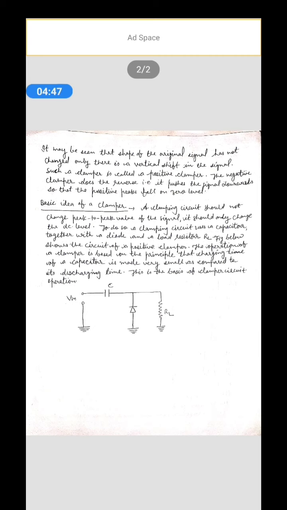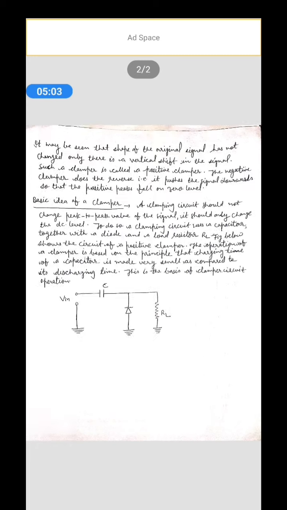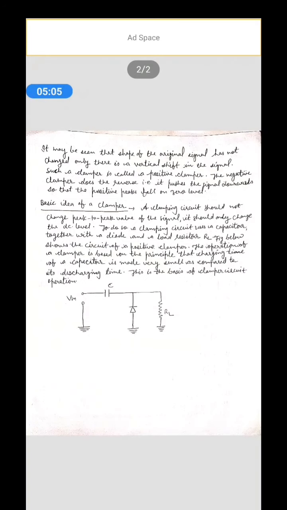Such a clamper is called a positive clamper. The negative clamper does the reverse, that is, it pushes the signal downwards so that the positive peaks fall on the zero level.